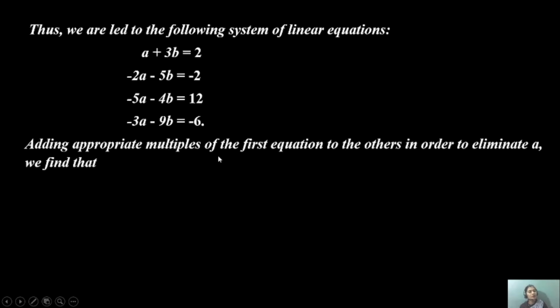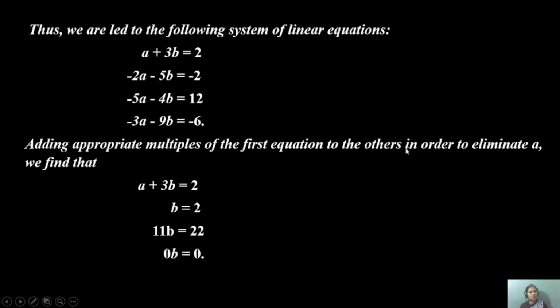Adding appropriate multiples of the first equation to the others in order to eliminate a, we find a plus 3b equals 2 and b equals 2. Then b equals 2 is generated as a value.